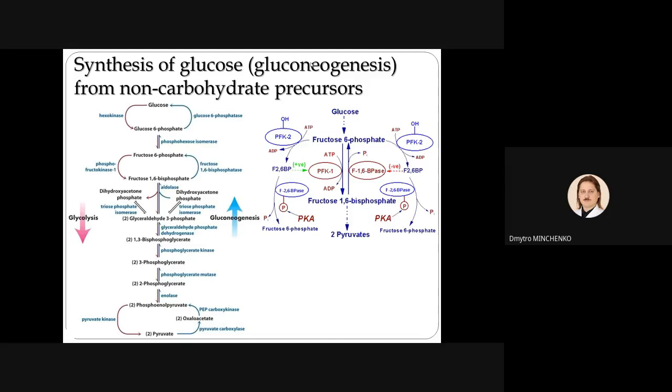And in more detail, you can see the synthesis of glucose, gluconeogenesis, from non-carbohydrate precursors. The process is always reversible. We have glycolysis and gluconeogenesis always going bidirectionally, and it's just a question of which process is going faster at this time that leads to either the formation of glucose or its utilization.